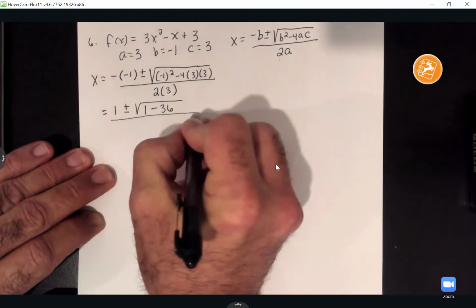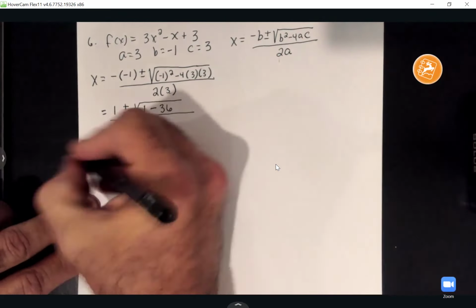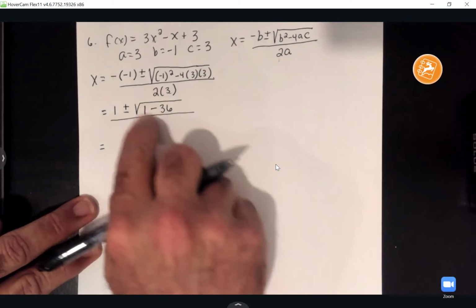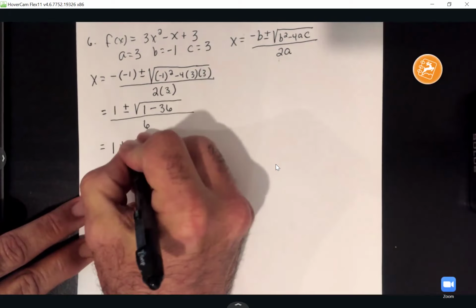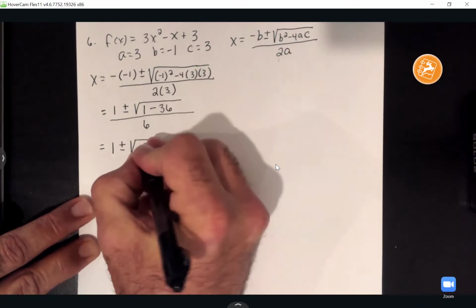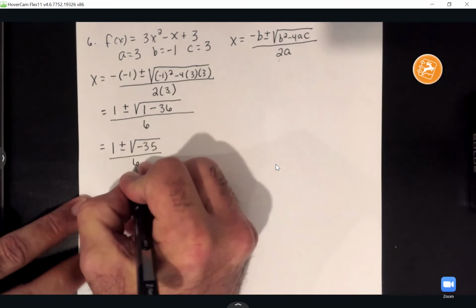And then on the bottom, my 2 times 3 is 6. So we're sort of stuck on the outside until we finish out a radical. So let me keep working on that. Well, 1 minus 36 gives me a -35 all over 6.